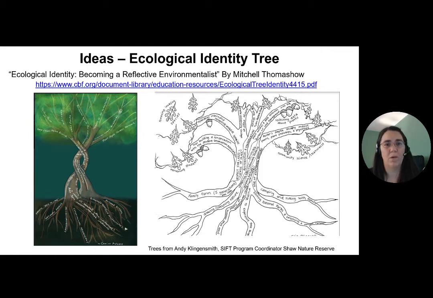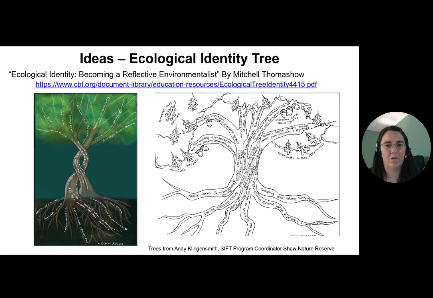So maybe where you played as a child or how you interacted with nature as a child. Then the branches and leaves are the actions that you think are most important to do to protect the natural world going forward. And the trunk are the core values that you hold that connect the roots with the leaves.